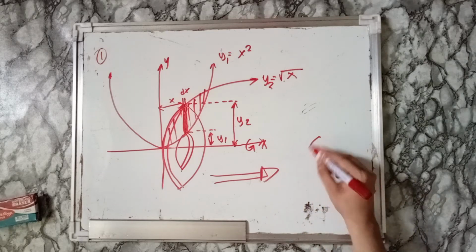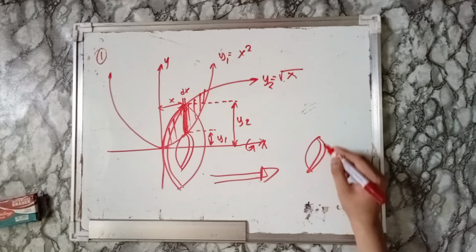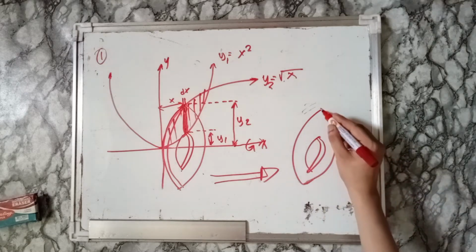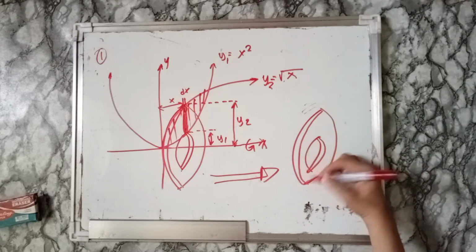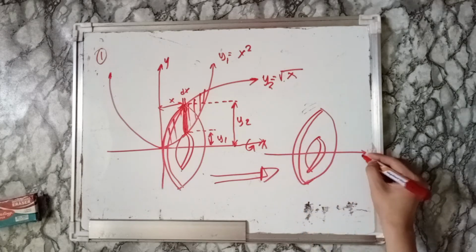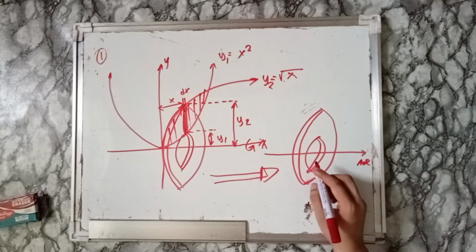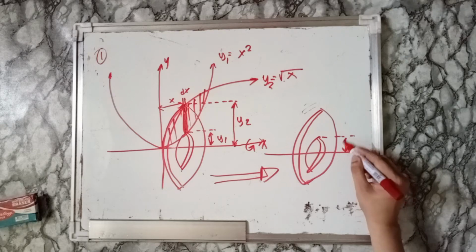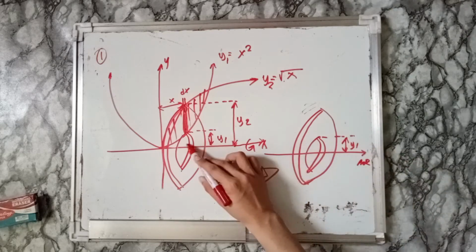It will look like something like this, right? This is our area of rotation. And this is our y1, right? y1 here.